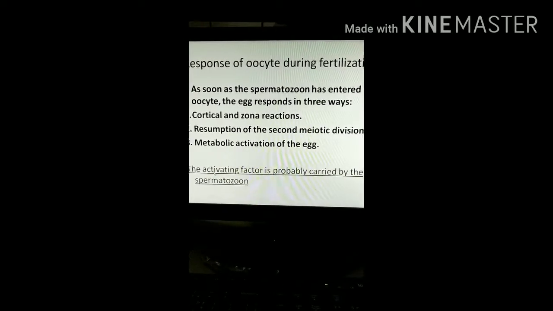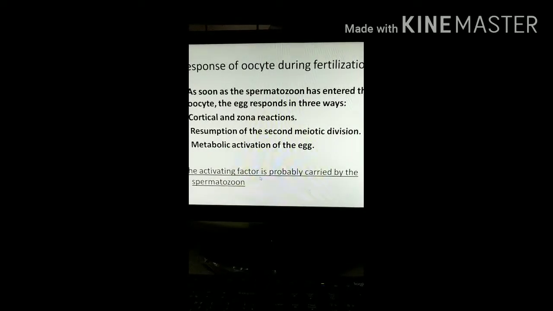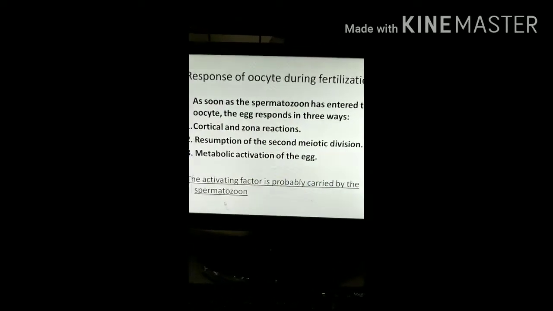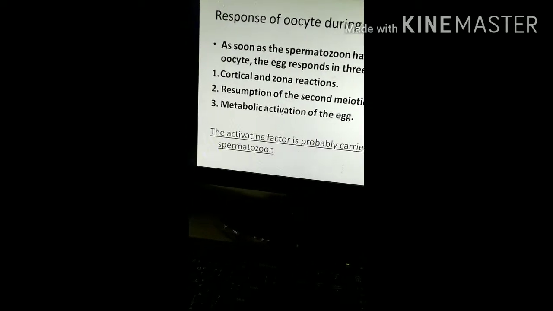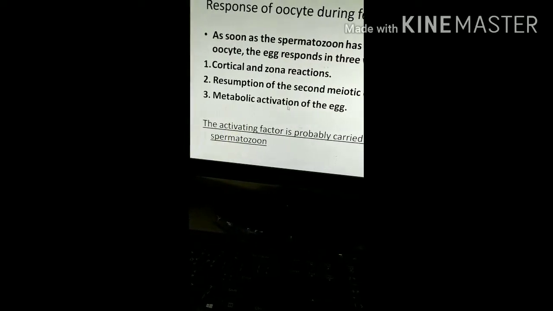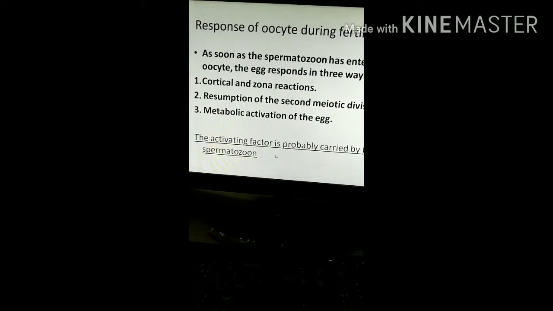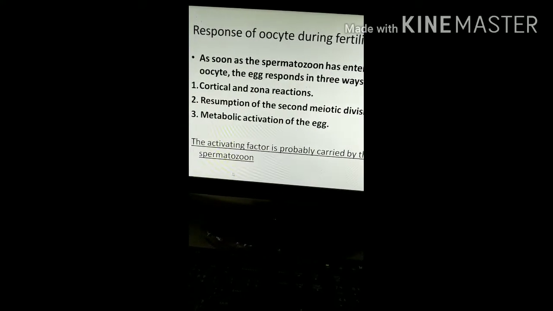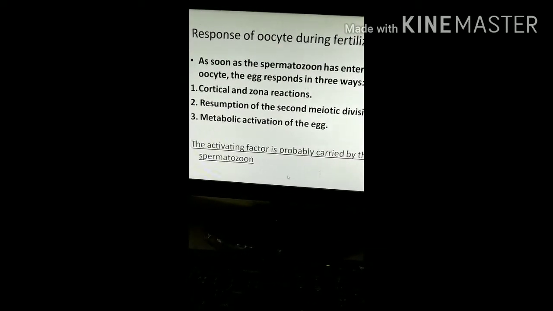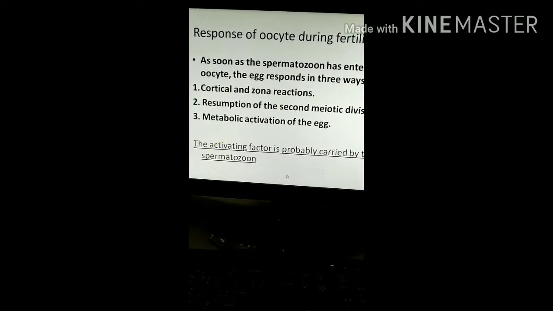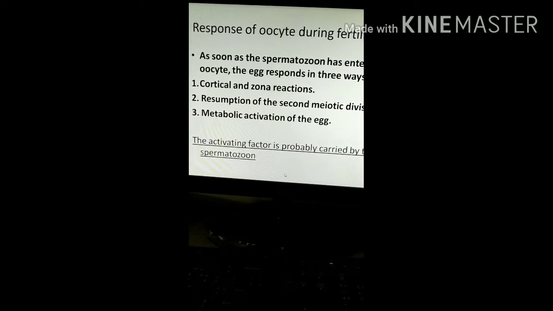It is surprising that the activating factor is probably carried by the spermatozoon. The egg is a very important cell, but its metabolic activation is helped by the spermatozoon, because the spermatozoon gives the activating factors. So both cells, sperm and oocyte, are required for fertilization.